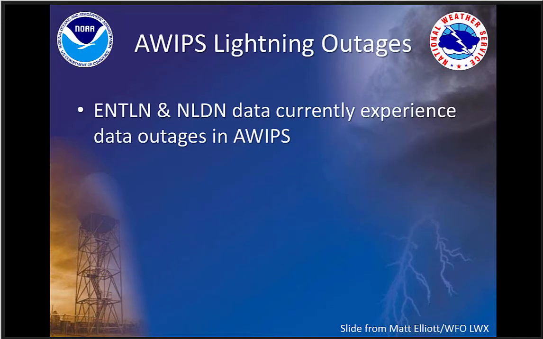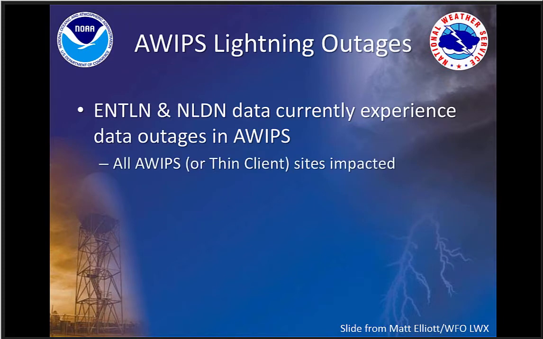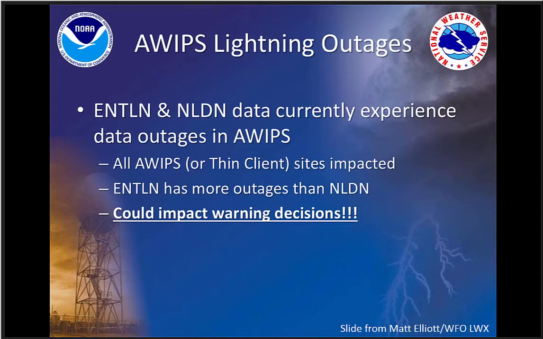So in terms of the lightning data outages, the message parser bug affected both the Earth Networks and the NLDN data. And so it affected all your AWIPS and thin client and other ways that you view data with AWIPS. There were more outages with the Earth Networks data than with NLDN. And obviously that could impact warning decisions.